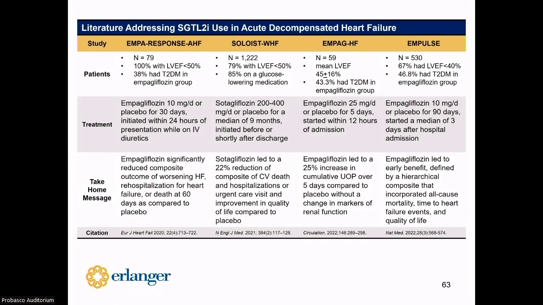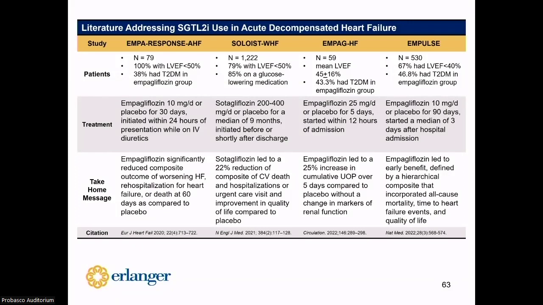And they found that the addition of sotagliflozin led to a 22% reduction of composite cardiovascular death and hospitalizations or urgent care visits, and improved their quality of life compared to placebo, noting that they used the Kansas City Cardiomyopathy Questionnaire to evaluate quality of life. And this includes symptoms and patients' impact on life over the course of 2 weeks.